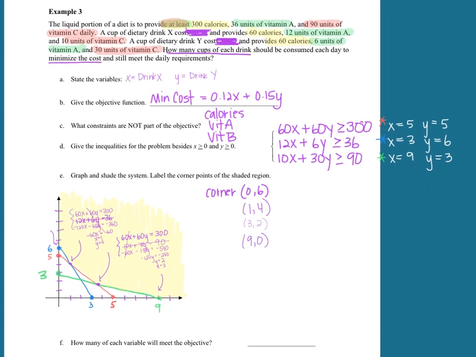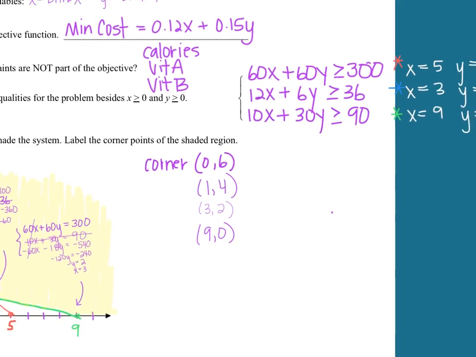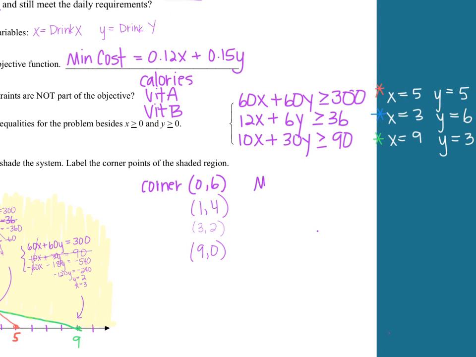All right, those are the 4 corners, and one of those has the sweet spot of being the place where we would meet our objective of minimizing our cost. So our objective is to minimize cost.